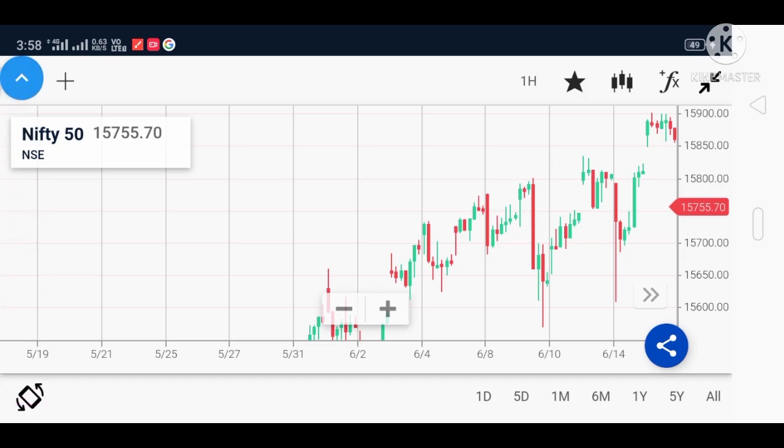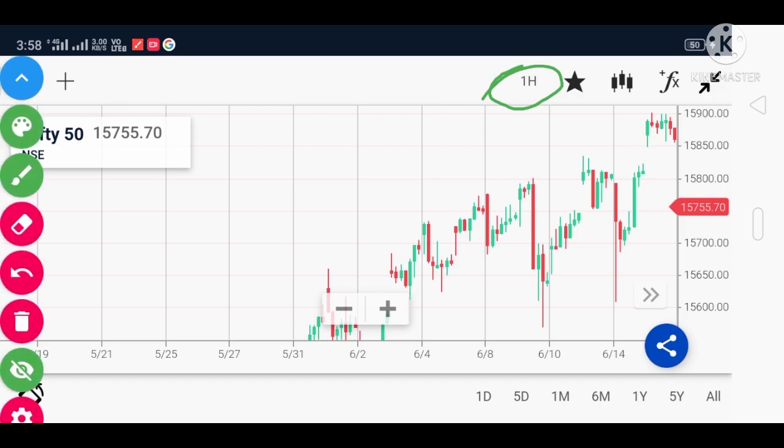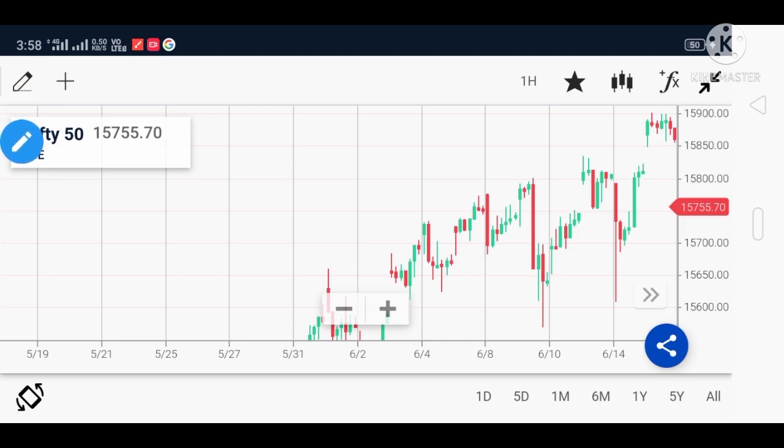This is a 1 hour chart, okay, and Nifty looks something like this. Now I'm going to draw the lines, okay. So let's follow the rules, okay?